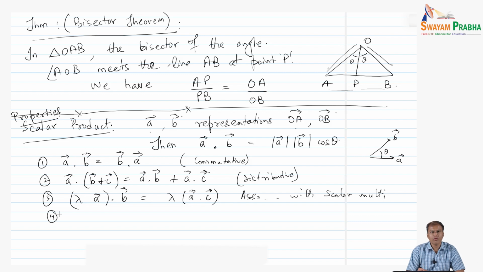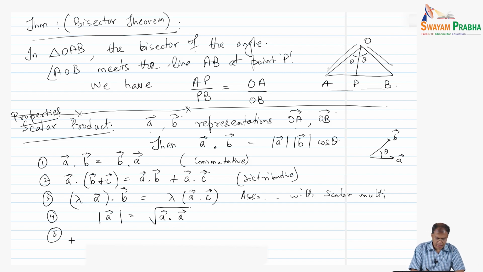Then we have the so-called property about the magnitude of a vector. We talk about the magnitude of a vector to be the square root of the dot product of the vector with itself, right? Which tells us the fact that the dot product actually gives us a scalar quantity. If you take a dot product of two vectors, it's a scalar.